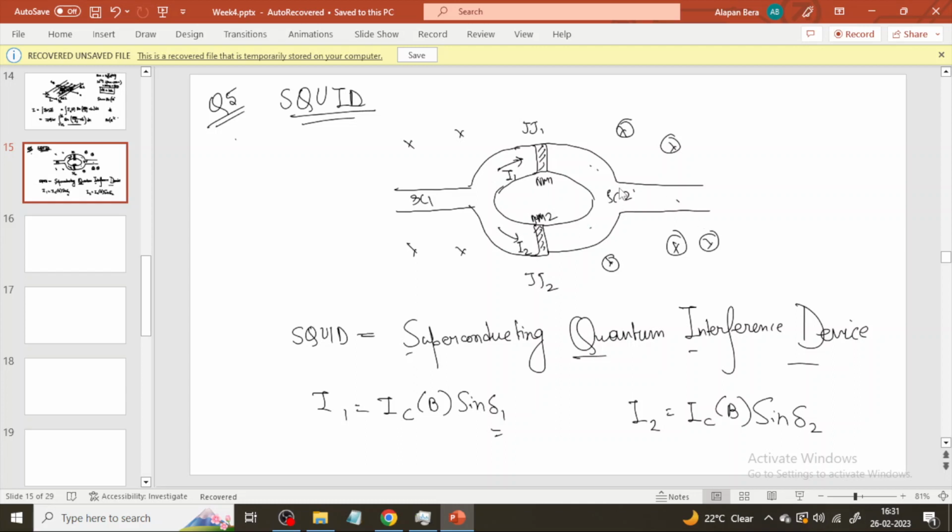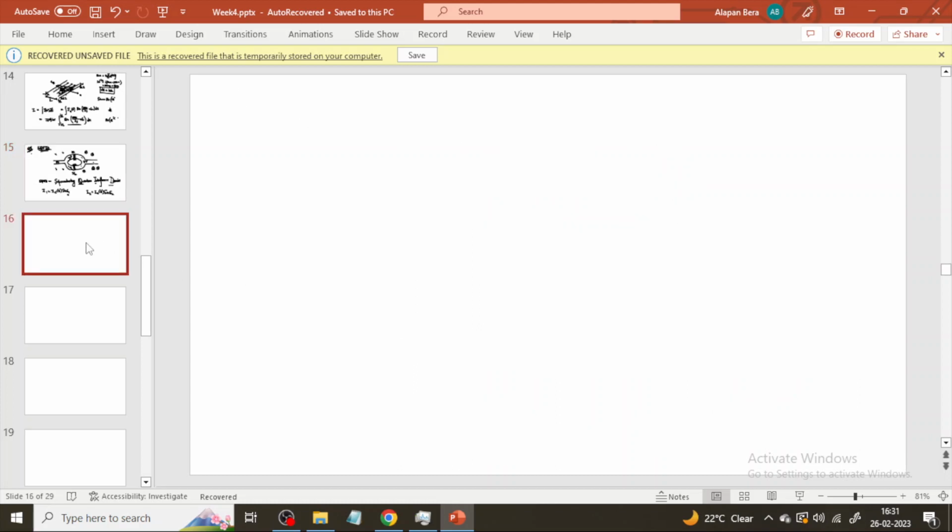When they get superimposed, they interfere with each other. So the total current is I1 plus I2, equal to I_c sine of delta 1 plus I_c sine of delta 2. This generates an interference.